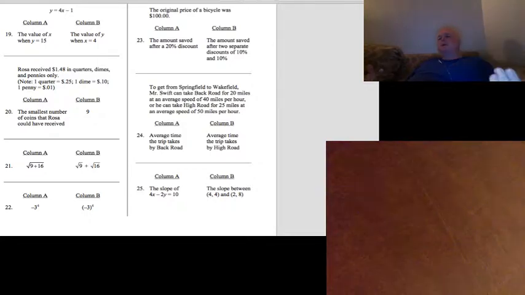If they were both 0, the answer would be C. If column A was 200 and column B was 99, then the answer would be A. And if it didn't give us enough information, like let's say the formula had y and x in it, and they were asking us to compare z, well, we don't know anything about z, so in that case, the answer would be D. So this is just a different way of asking questions, where you're just comparing two values.